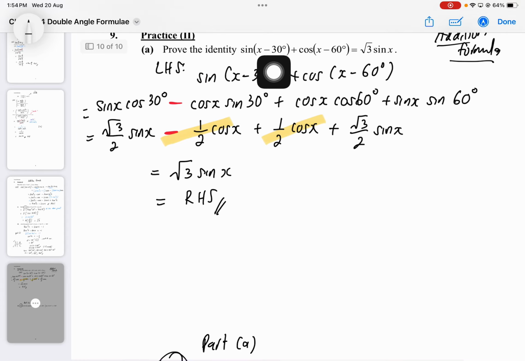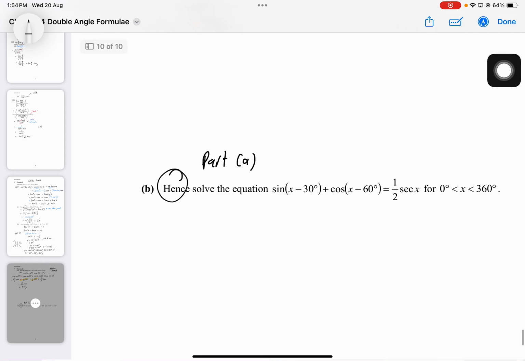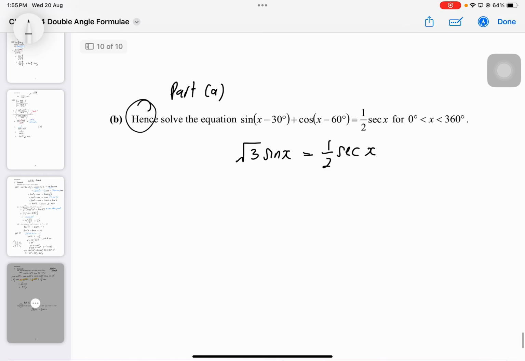Is it exactly the same as this? Yes. Okay, so this equals to root 3 sin x. So this will be root 3 sin x equals half secant x. Okay, so root 3 sin x is the one that you have shown, equals to half secant x.